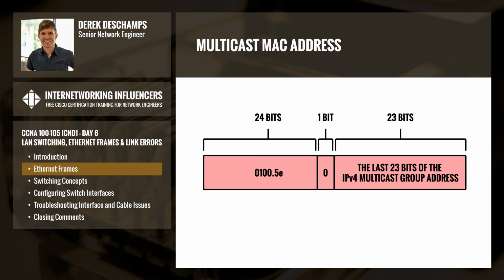The first 24 bits of a multicast MAC address are represented by the hexadecimal digits 01005E. The 25th bit of a multicast MAC address is always a binary 0, while the last 23 bits of a multicast MAC address are equal to the last 23 bits of the IP version 4 multicast group address.